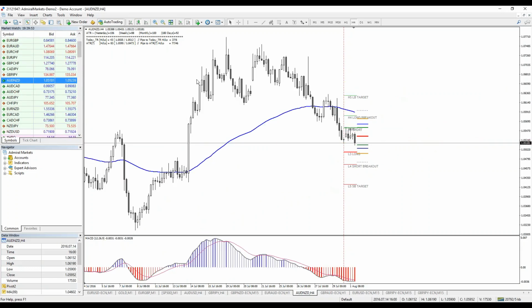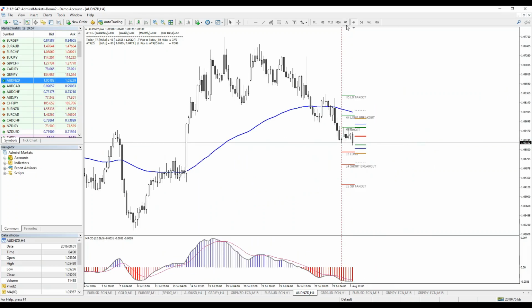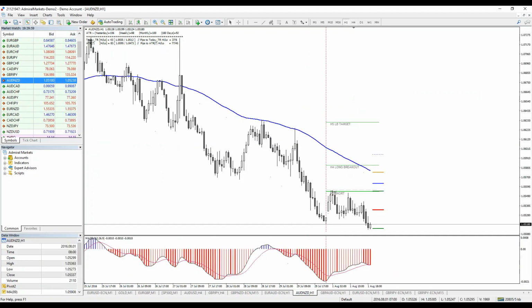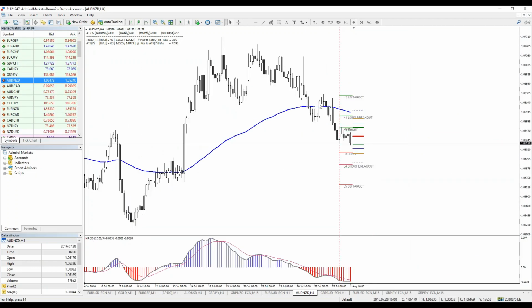So here it is. You can see Australian dollar New Zealand. It's actually bullish on the 4-hour time frame, but bearish on the 1-hour time frame. What I would do is actually sell on rallies now. Okay, sell on rallies because this is bullish yet, but still there is room to support.